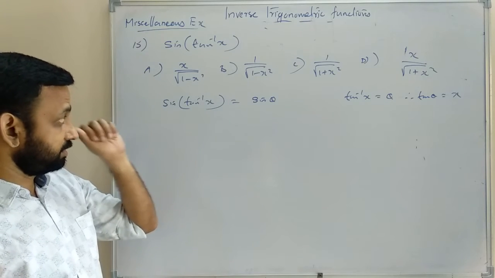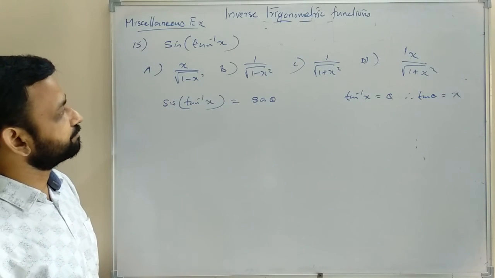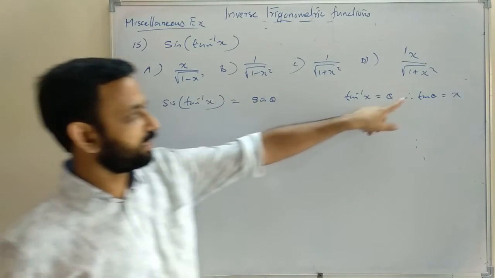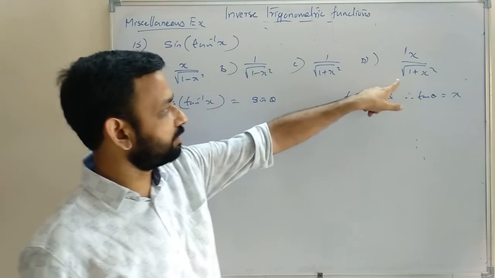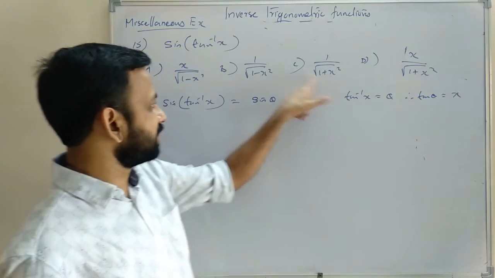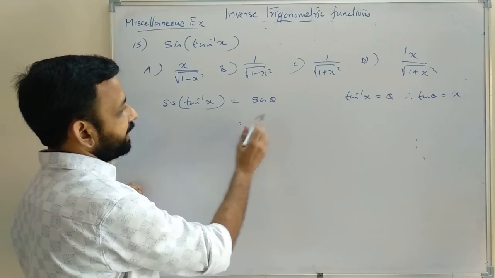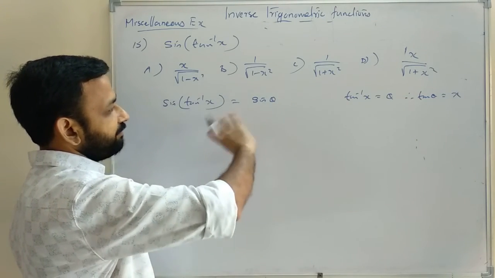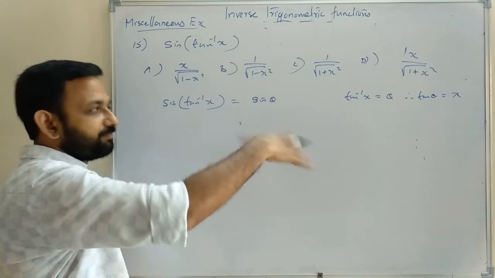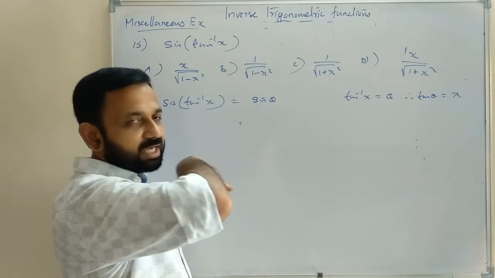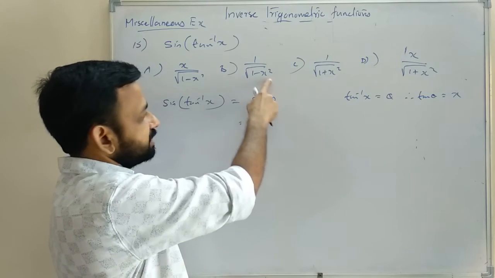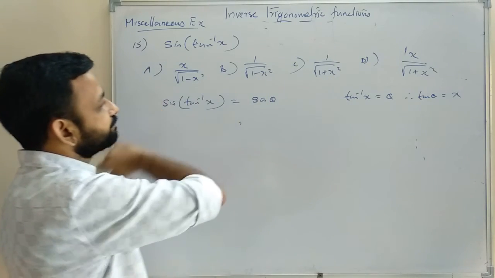Like 1 plus tan square theta, we need to reduce sin theta into that form, 1 plus tan square theta or 1 minus tan square theta, because x is equal to tan theta.